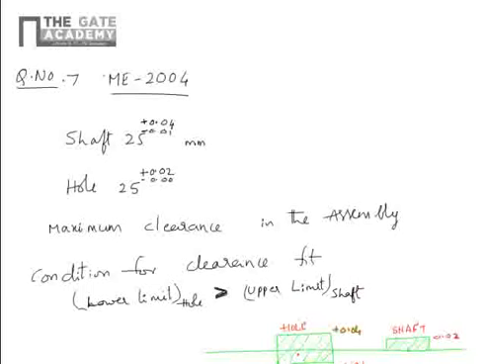So maximum clearance, here maximum clearance is the difference between... small correction, here it is shaft, instead of hole we need to write shaft, this is hole, so this is shaft, this one is hole. So now we need to calculate maximum clearance.